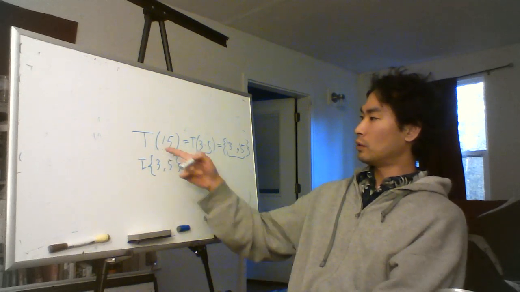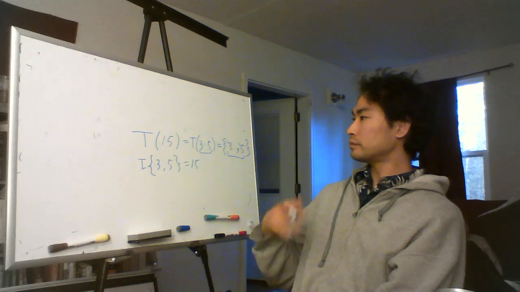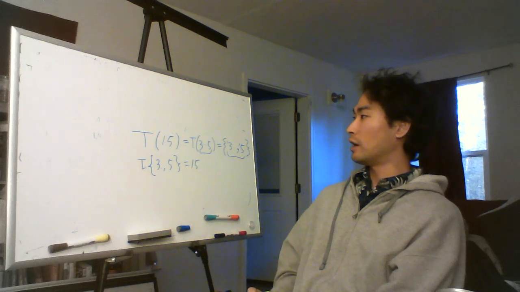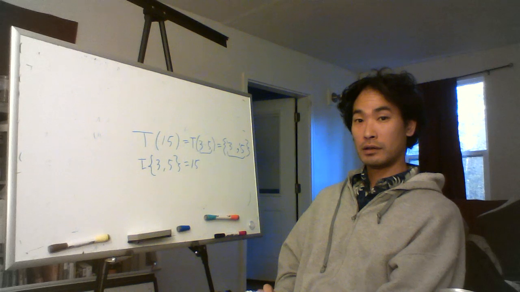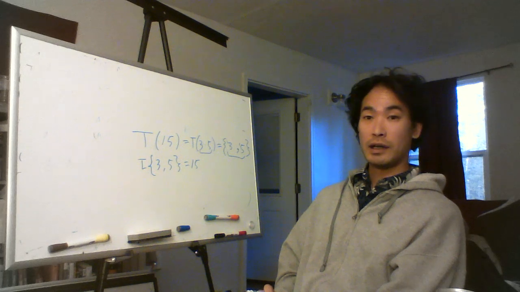And also T is homomorphic, I mean distributive, in terms of strict union. Strict union in multiset.